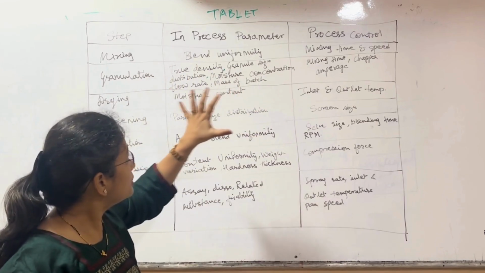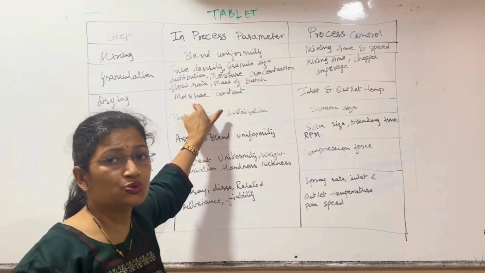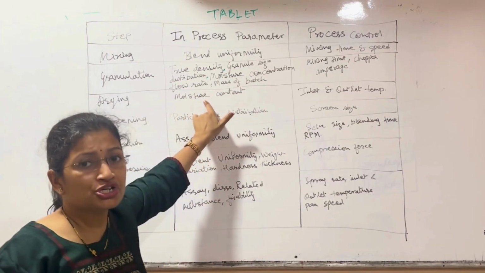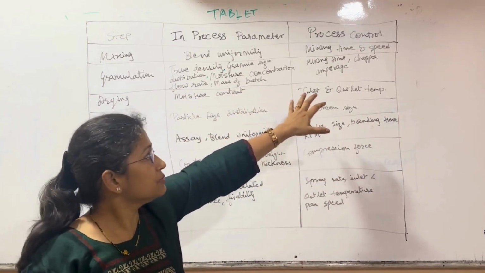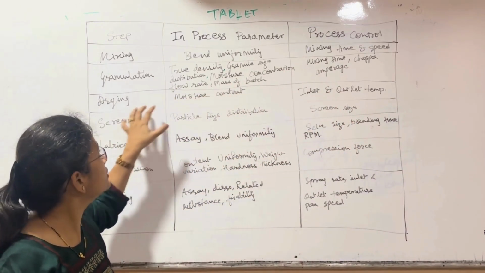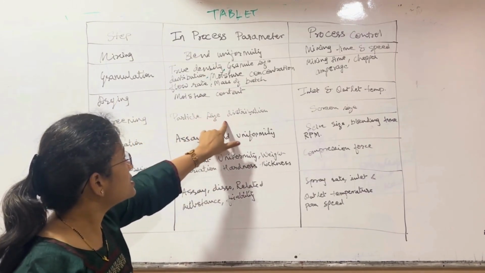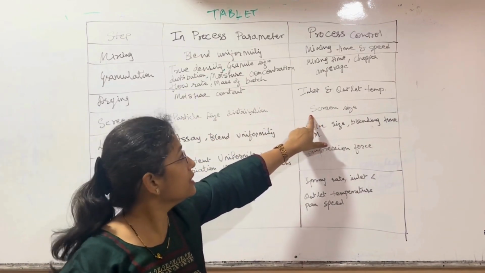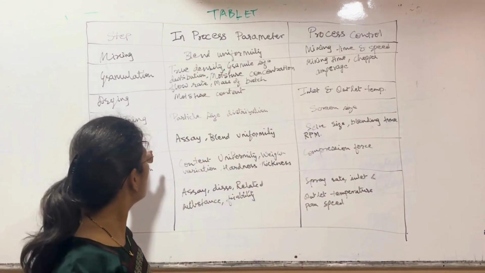These are the parameters for granulation. When it comes to drying, we need to have a check on moisture content, and inlet and outlet temperatures are something which we need to control to have the desired quality during drying. Screening: particle size distribution, and what will determine it is the accurate size of screen. So screen size is important for it.